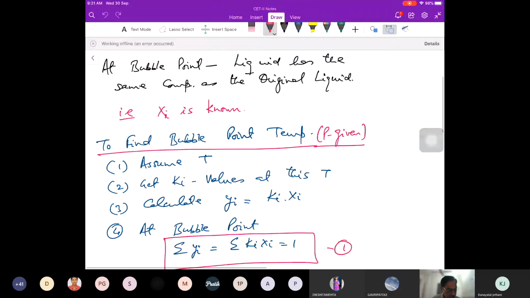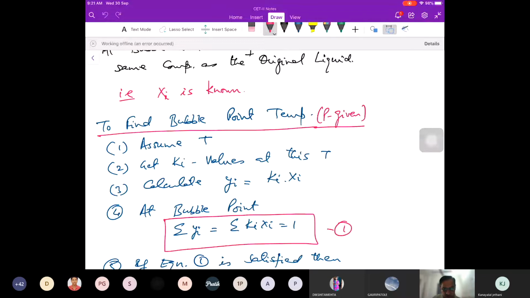So assume a temperature, and now we are going to use K values. So get K values at this temperature T using all these charts. Then we calculate yi, because we know that Ki is equal to yi upon xi. So we can use K values to find yi.